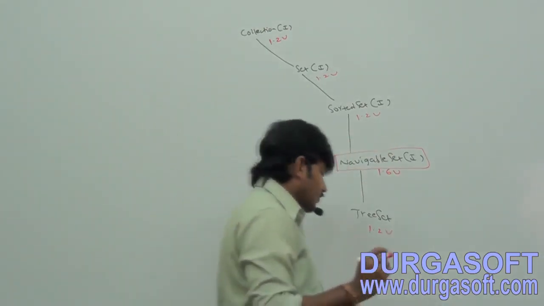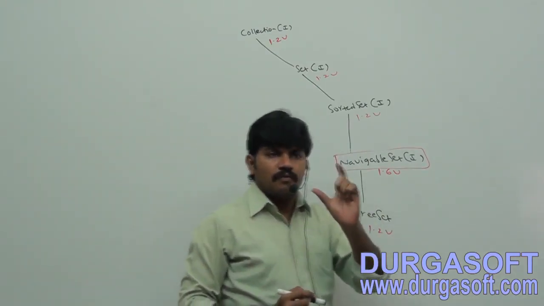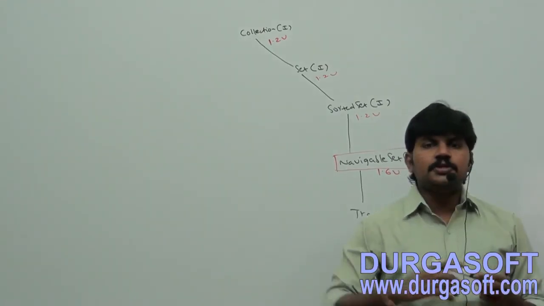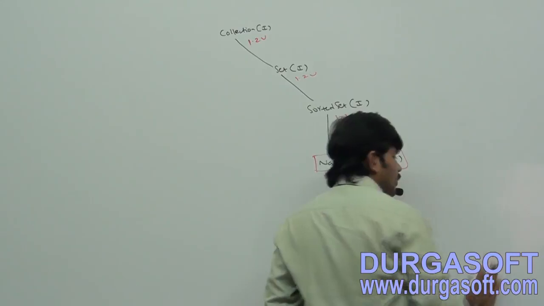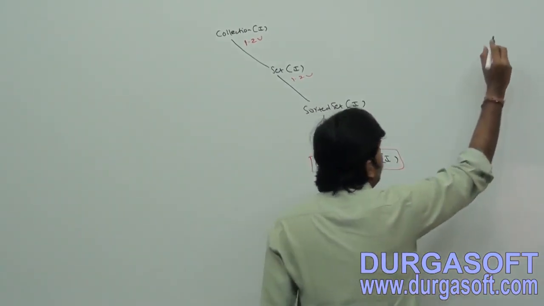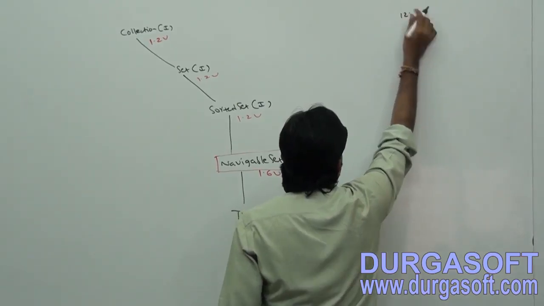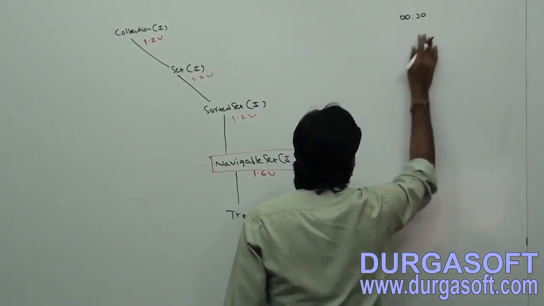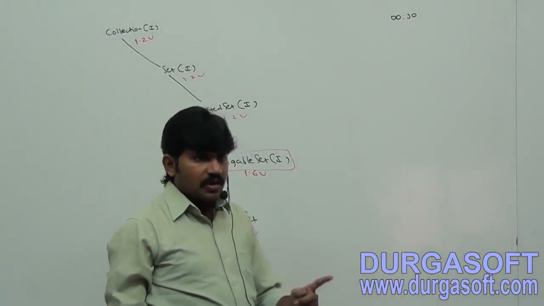Very simple, just observe. Suppose I want to represent all flight timings in some international airport, assume Shamshabad airport. Let me spell out the various flight timings. The first flight at 00:30, which is 12:30 early morning, late night.